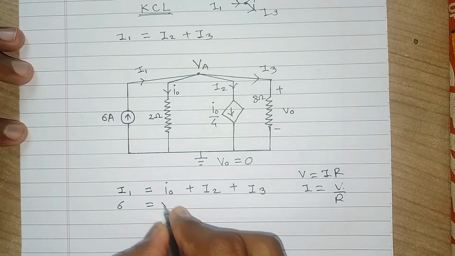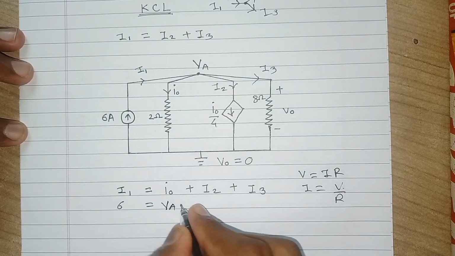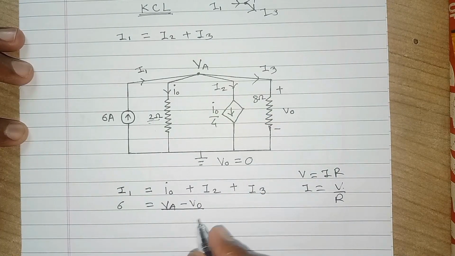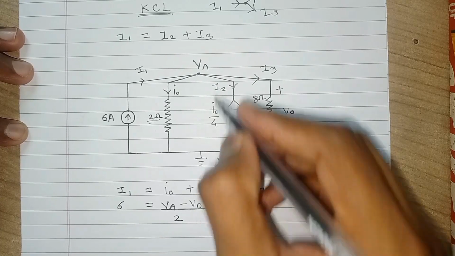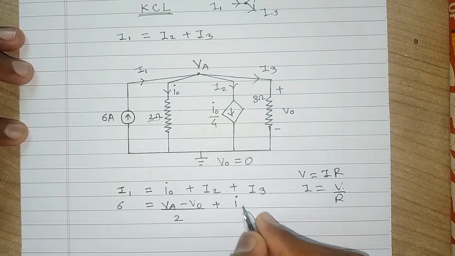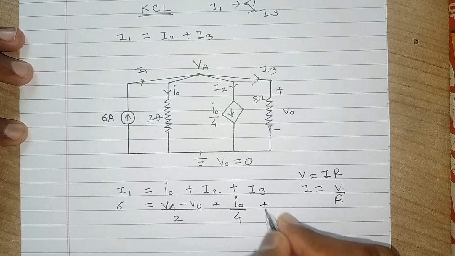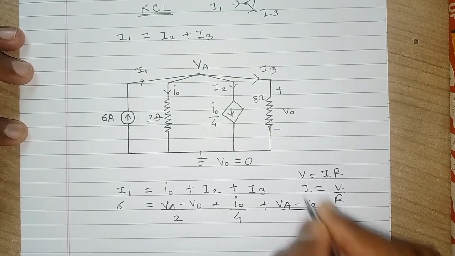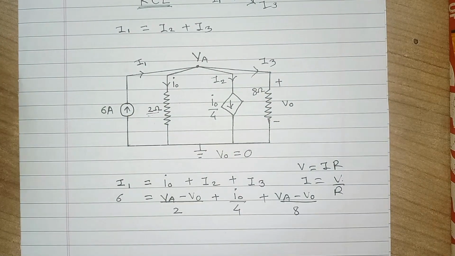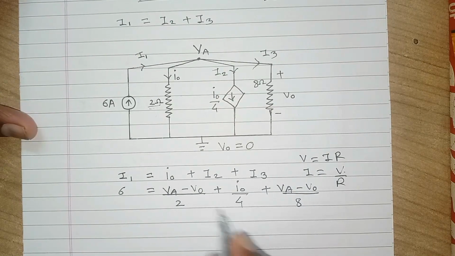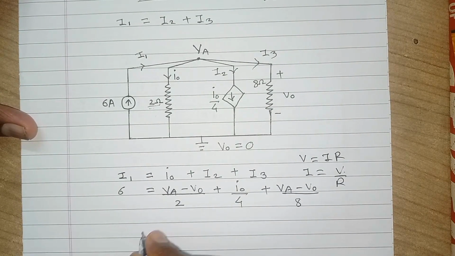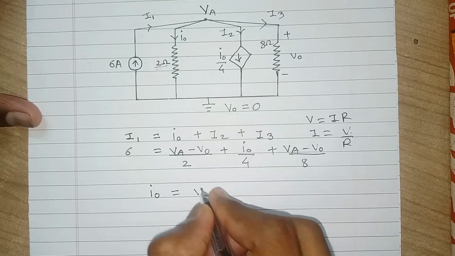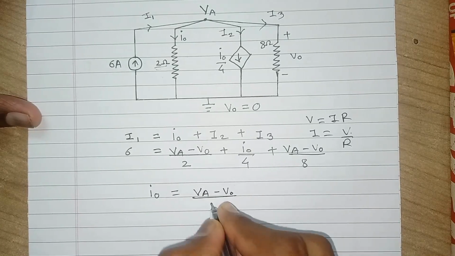The potential is VA minus V0 divided by the resistance of this branch, 2, plus this current is I0 by 4 plus VA by 8. So now we have the value of I0 equals VA minus V0 divided by 2.